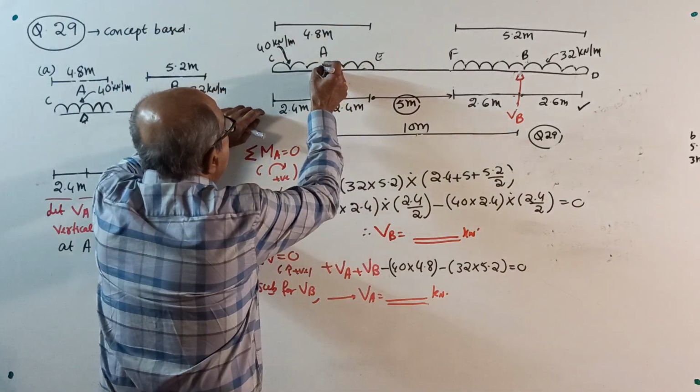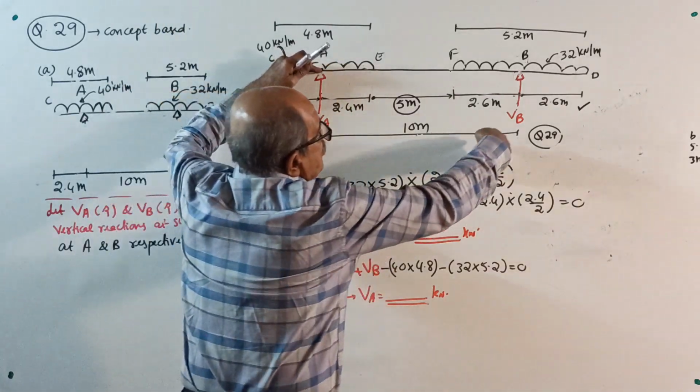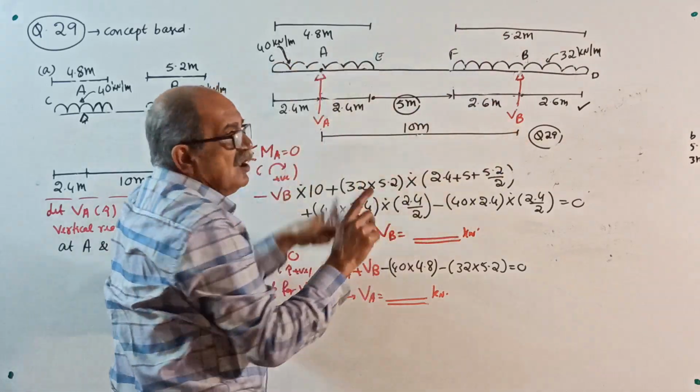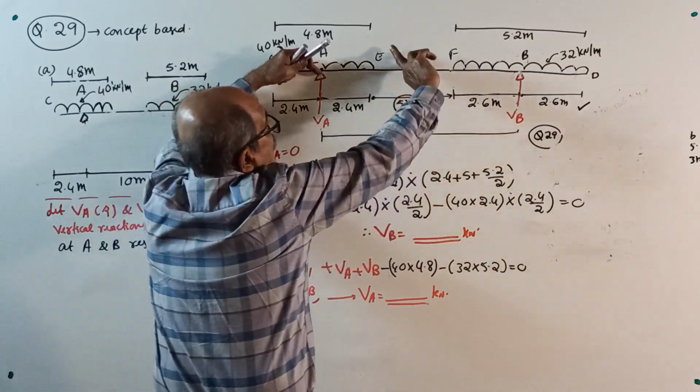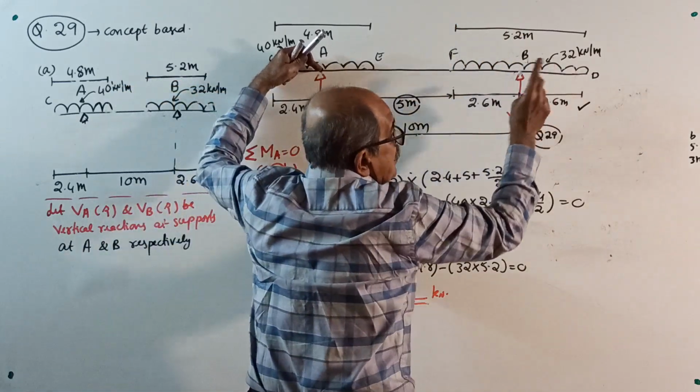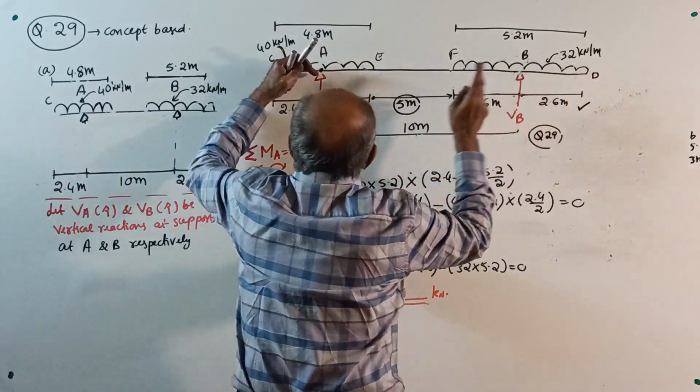Take moment about A. Moment about A: minus VB into 10. These all I will not explain now. Minus VB into 10 plus, see, you have to write everything. The UDL on the right side, no problem.